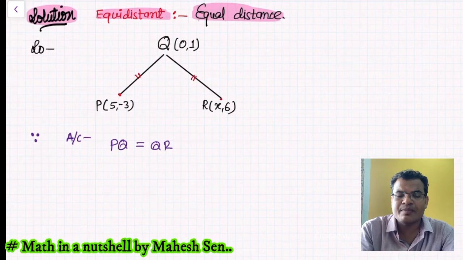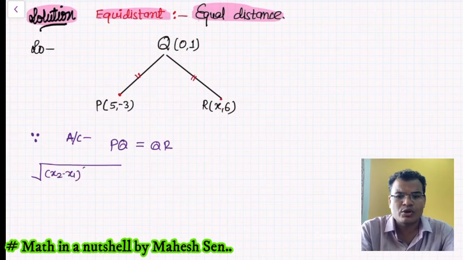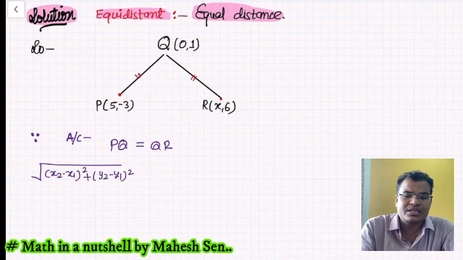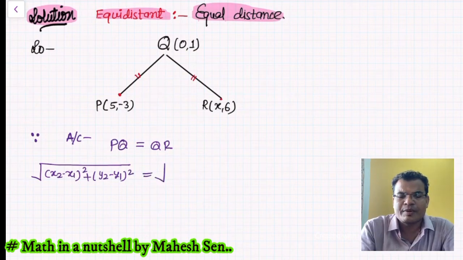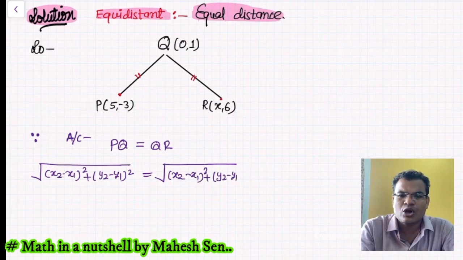PQ is equal to QR. We'll apply the distance formula, that is the square root of (x2 minus x1) whole square plus (y2 minus y1) whole square. You are aware of this because we have almost done this exercise. So I'm writing here the distance formula: (x2 minus x1) whole square plus (y2 minus y1) whole square, or (y1 minus y2) whole square, there is no problem.